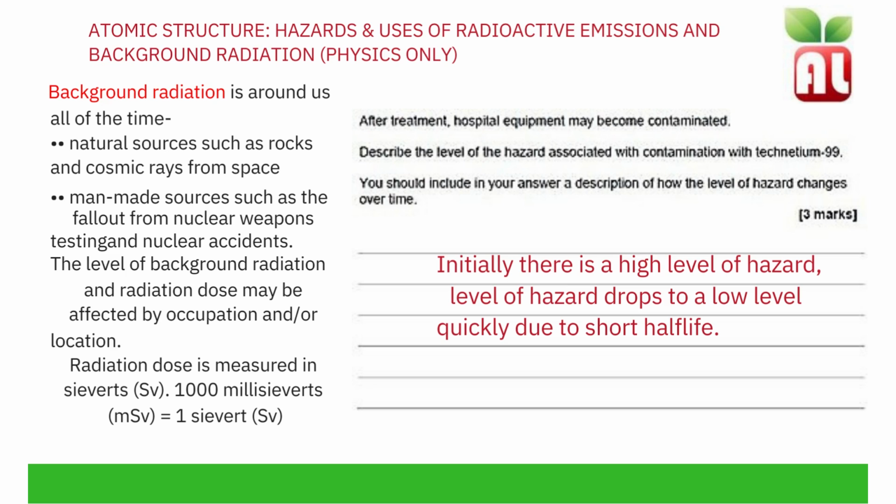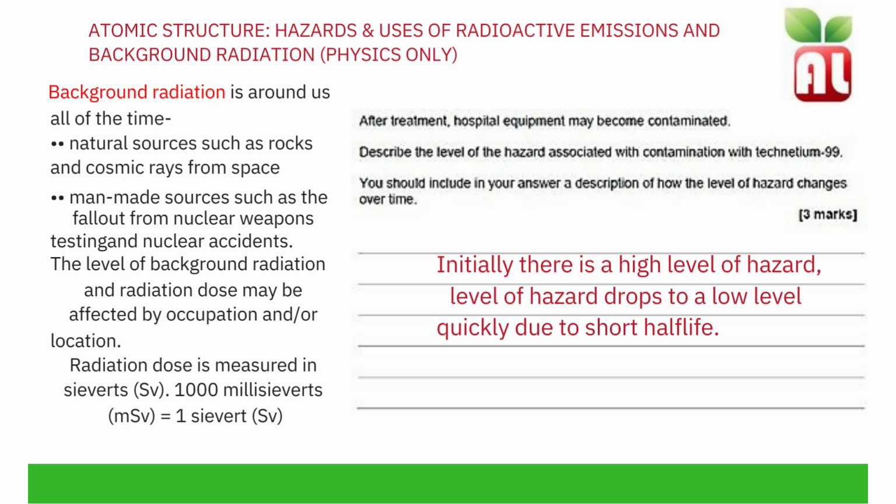An example question: after treatment, hospital equipment may become contaminated. Describe the level of hazard associated with contamination of technetium-99, a radioactive isotope. You should include in your answer a description of how the level of hazard changes over time.